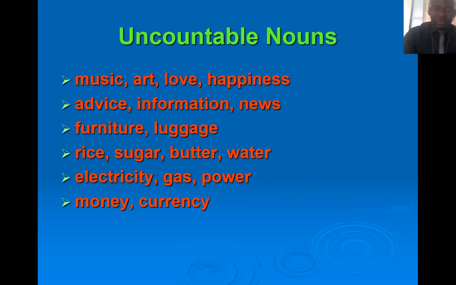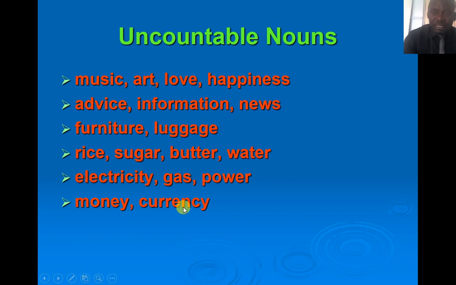We have more of such, but before we go to more of such partitives, let's look at further examples of uncountable nouns. Music, it's also an example of uncountable. Art, love, happiness, advice, information, news, furniture, luggage, rice, sugar, butter, water, electricity, gas, power, money, and currency.